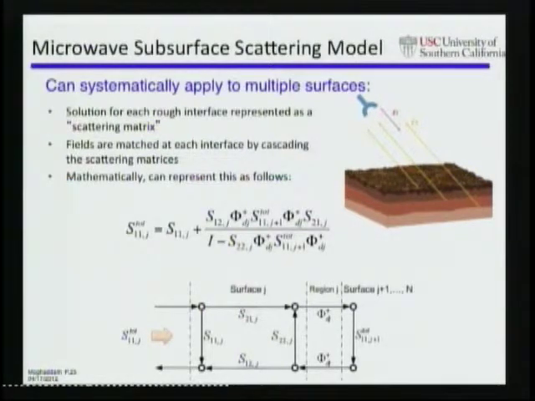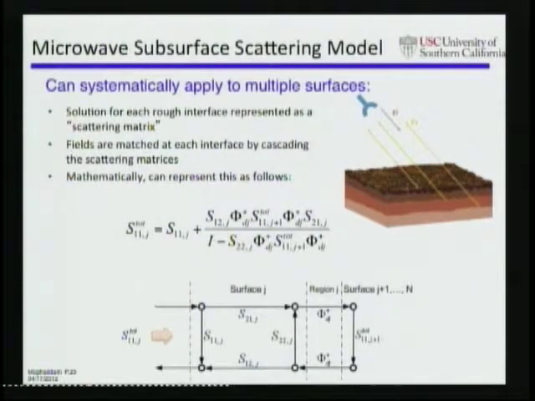To get the solution for multiple surfaces, we apply the concept of scattering matrices and cascading the scattering matrices. If you've had network or circuits courses, or you've solved network problems, you're familiar with this type of chart, the S parameters of a two-port network, for example.